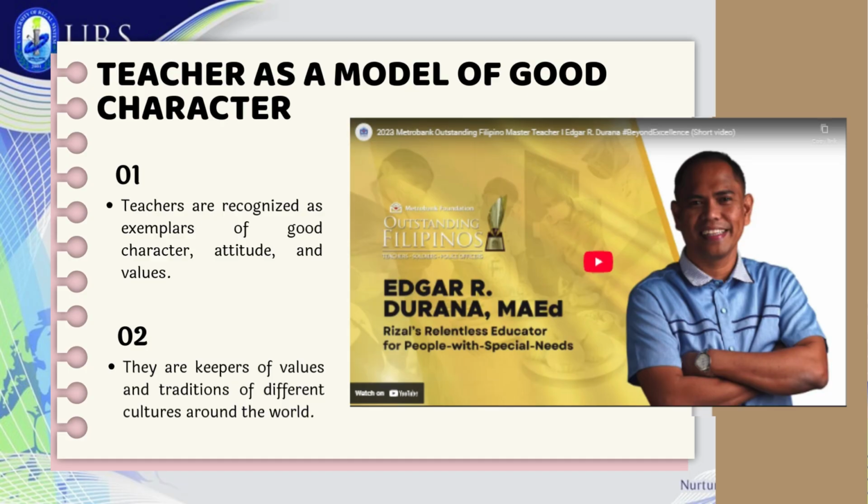The teacher's actions, words, and decisions reflect integrity and ethical behavior, inspiring the students and community members to really uphold similar standards. So, by consistently demonstrating good character, teachers help shape a culture of moral excellence and social responsibility.